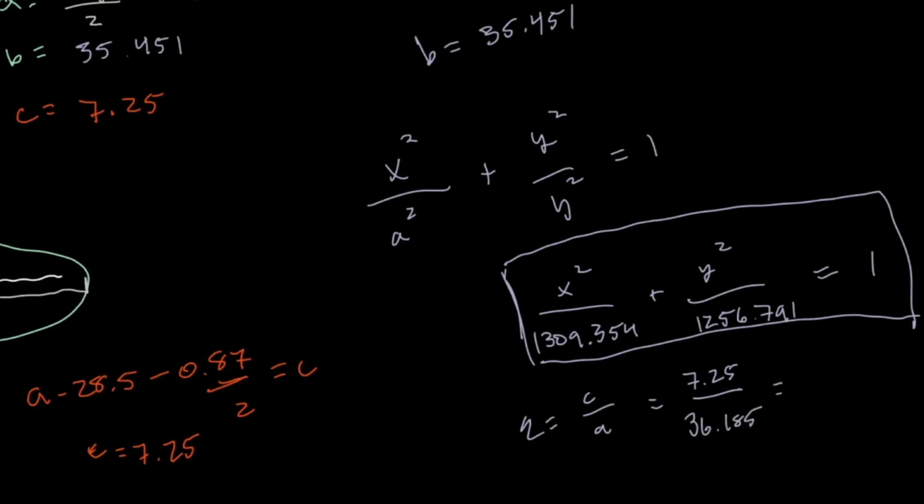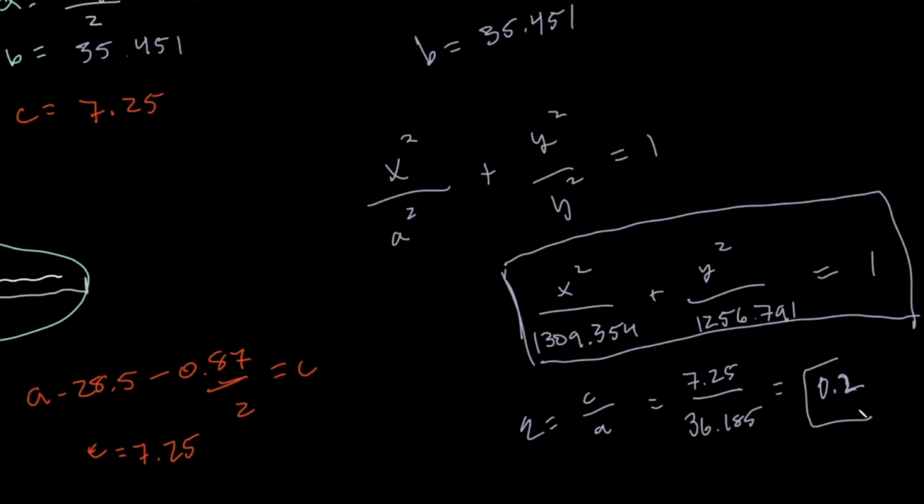And the eccentricity is, I didn't calculate it earlier, 7.25 divided by 36.185 is 0.20 ish. 0.20, yeah, that's fine. 0.200.